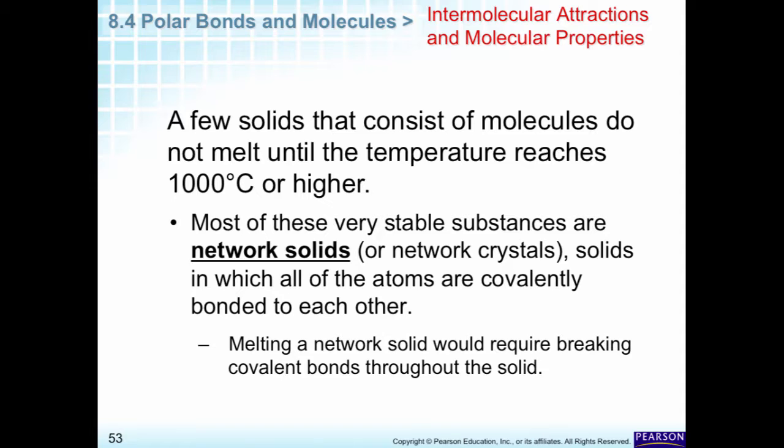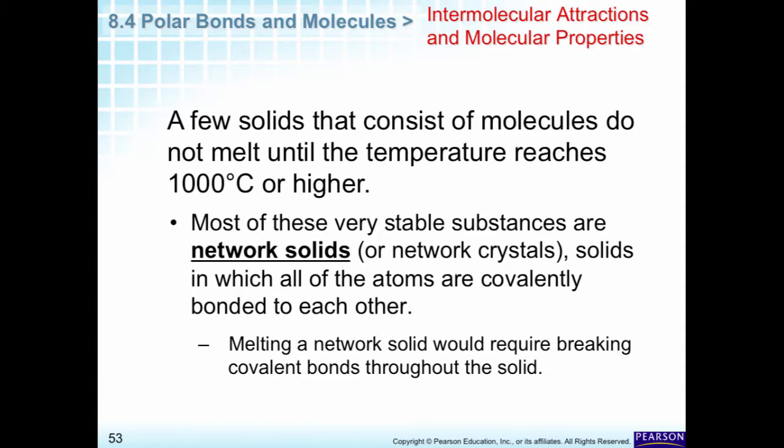Now, very unusually, there are some covalent molecules that have melting points of 1,000 degrees or higher, which is very, very unusual. These are called network solids, sometimes network crystals.